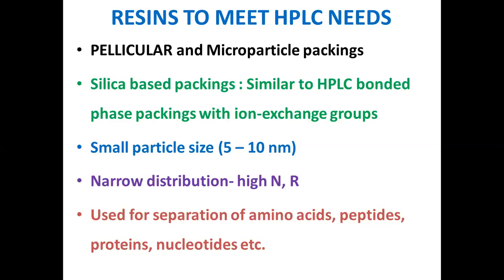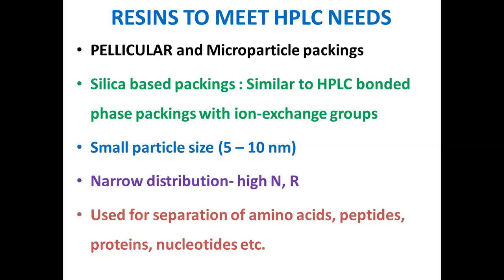Whatever resins we are going to use for the separation of ionic solutes by HPLC, adopting the principle of ion exchange, the resin must be a pellicular one, and the column must contain microparticle packings. These microparticles have a very small particle size, mostly from 5 to 10 nanometer, and this is responsible for eliminating the multiple path term in the Van Deemter equation.